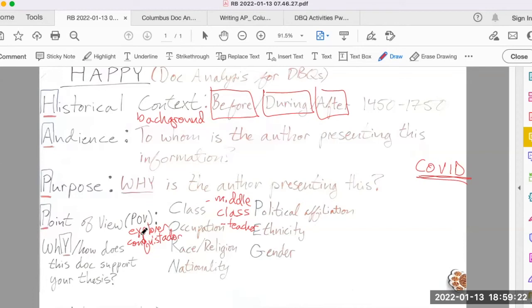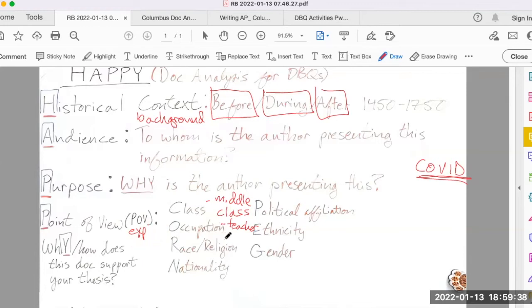So what is his perspective or his point of view in this document? He is coming from the point of view of an explorer who believes he has found a new route to Asia. That would be a good use of occupation for his point of view.